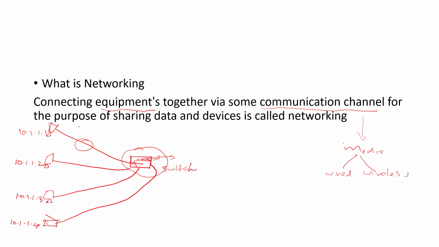So what is the purpose of networking? Its purpose is to share data and devices. How is it possible? Now let us see that. Suppose we have a movie here in this PC.